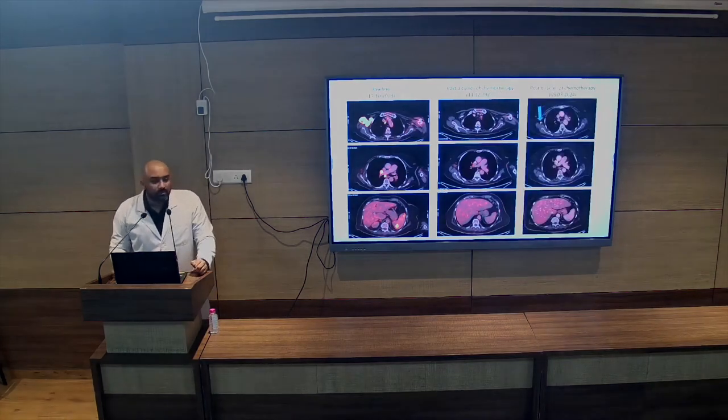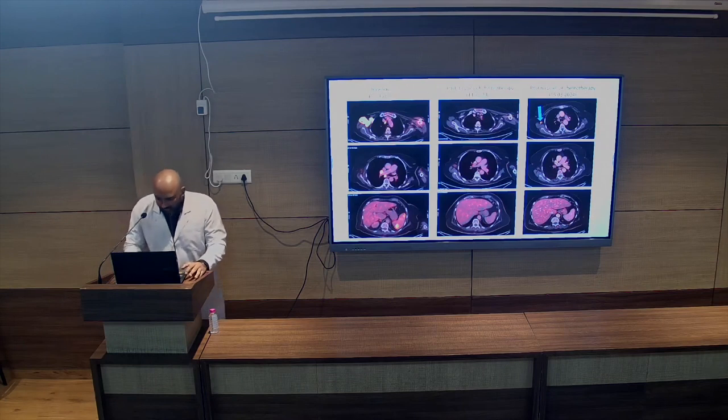But on the post 6 cycles chemotherapy scan, there was a reappearance of the FDG-avid right axillary lymph node, while the mediastinal lymph nodes and the splenic lesions remained silent.